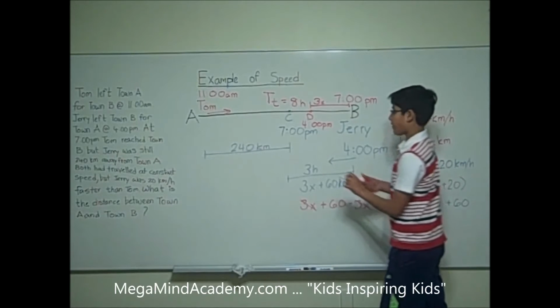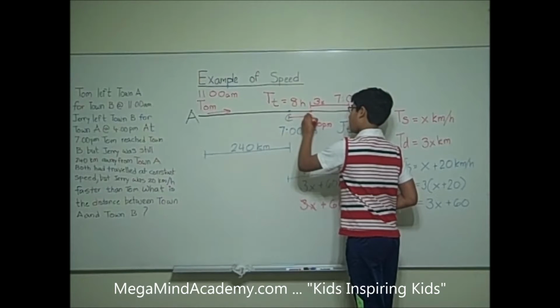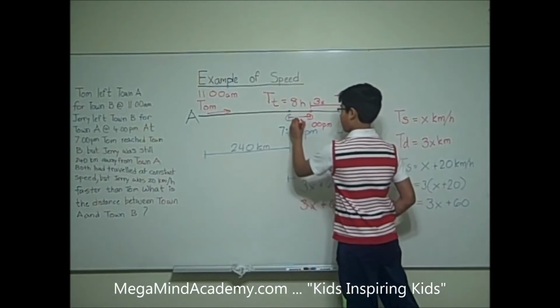So the distance from town C to town D is 60 kilometers.